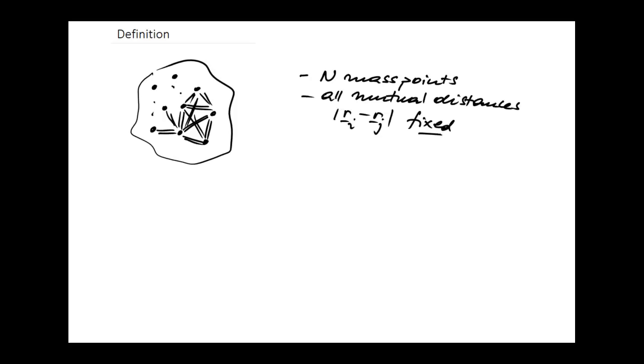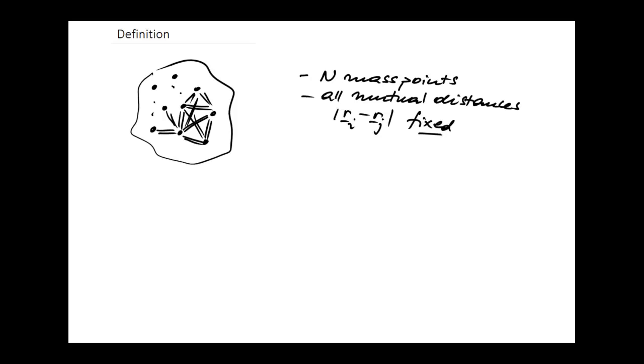If you have, say, a droplet of water or some elastic substance, then of course by exerting pressure, by pushing on it, you can deform your body, and that changes the mutual distances of the atoms that constitute the body. But this body here that we want to consider is rigid, so even if you push on it, you don't change the distances between the constituents, between the atoms, between these mass points.